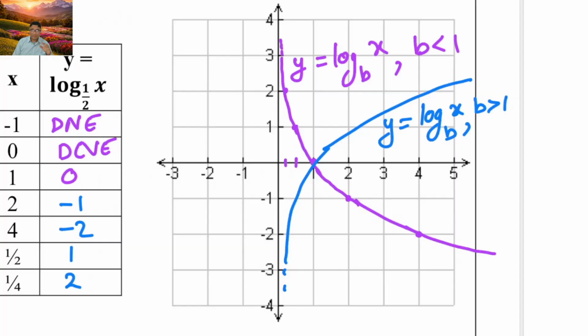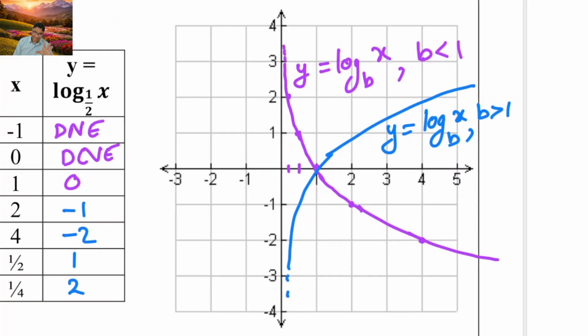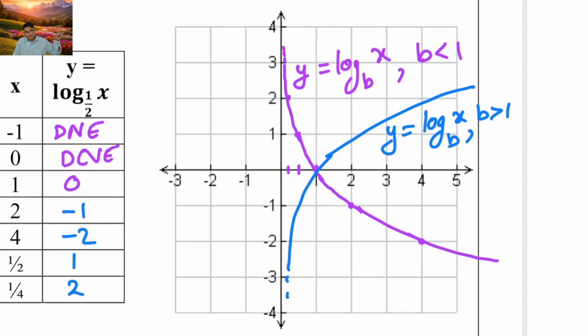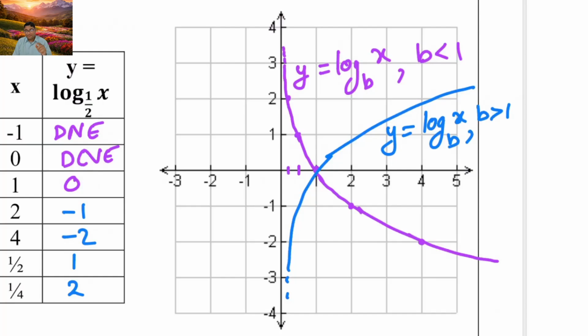So I want you to study this and connect it with the similar situation with exponential functions. When the base is greater than 1, from left to right, it increases and goes through the point 0, 1.